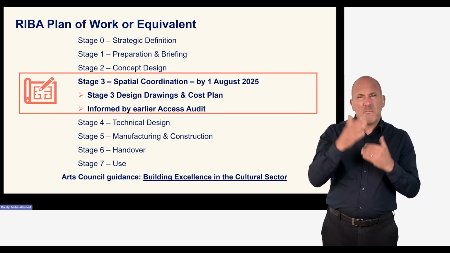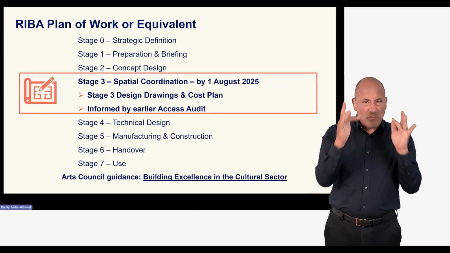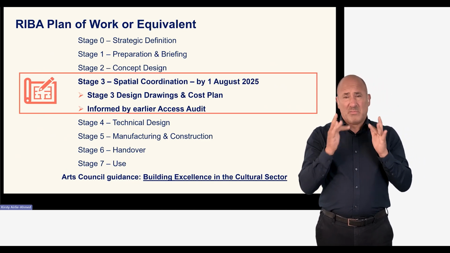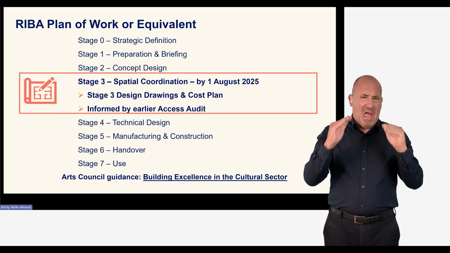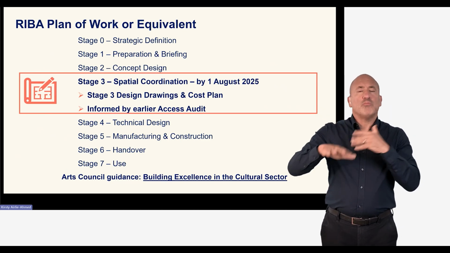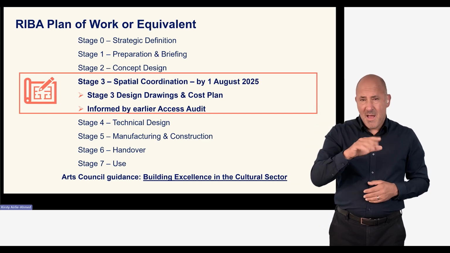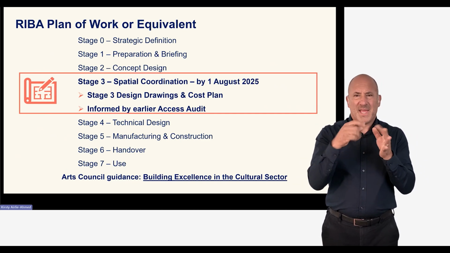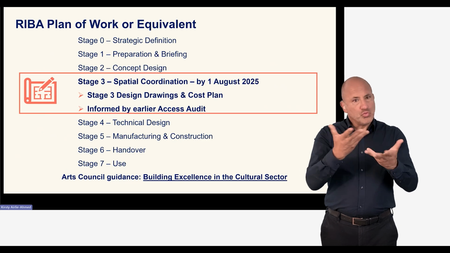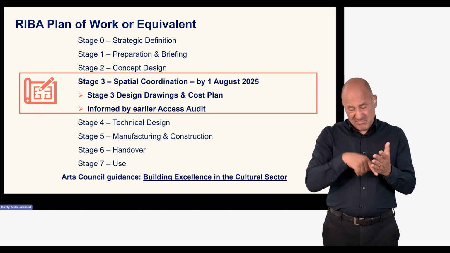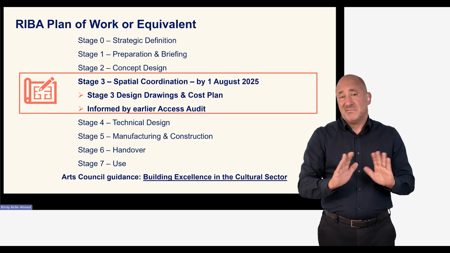You can find out more about this on RIBA's website, as well as in Arts Council England's guide, Building Excellence in the Cultural Sector. A reminder that if you cannot clearly demonstrate that your project is at RIBA Stage 3 or equivalent, your application may be deemed ineligible.